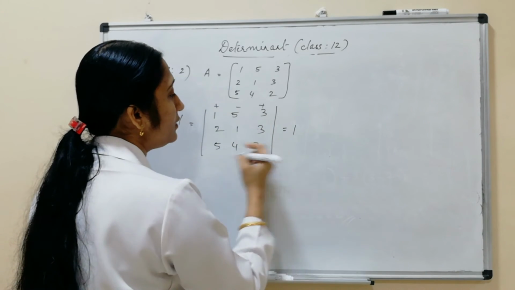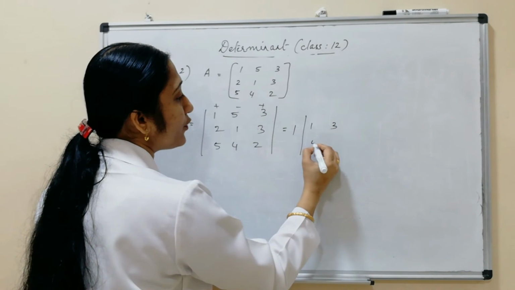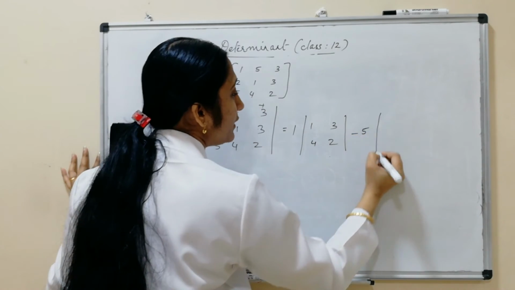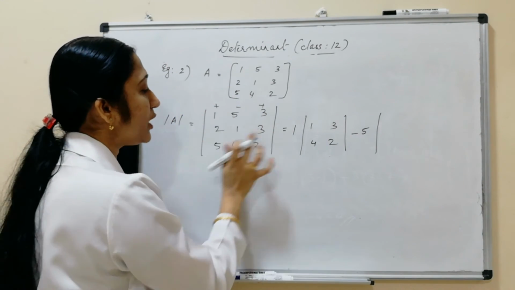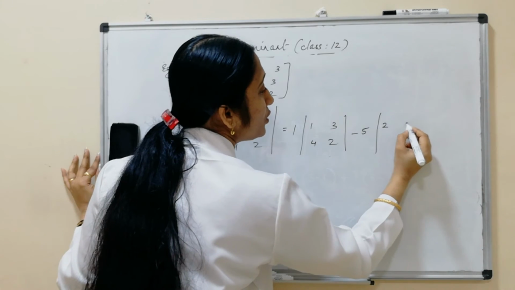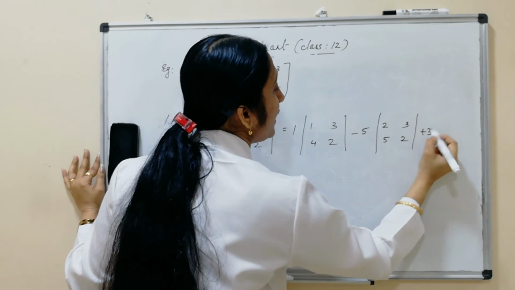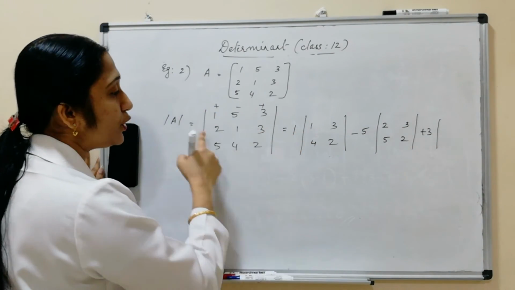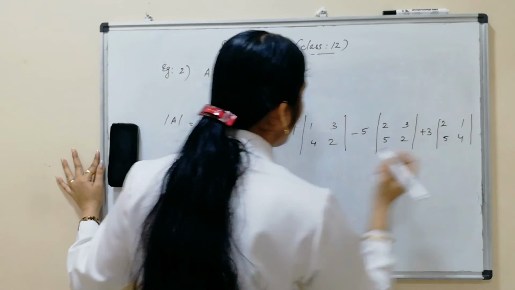That means 1 into the remaining elements 1 3, 4 2. Next minus 5, this column and this row will be removed, 2 3, 5 2. Next plus 3, this column and this row will be removed, 2 1, 5 4.